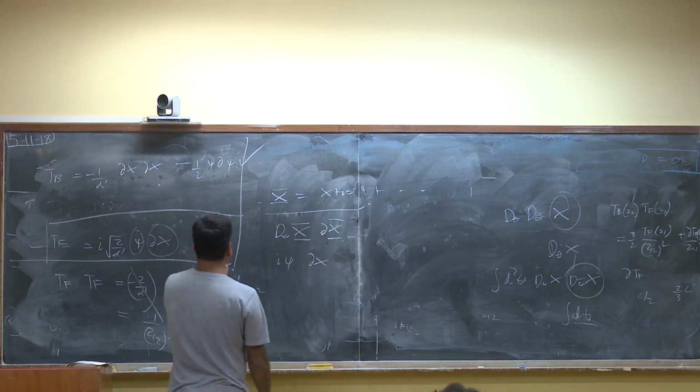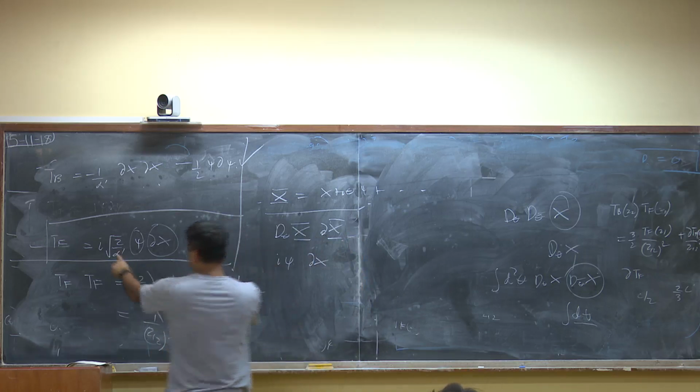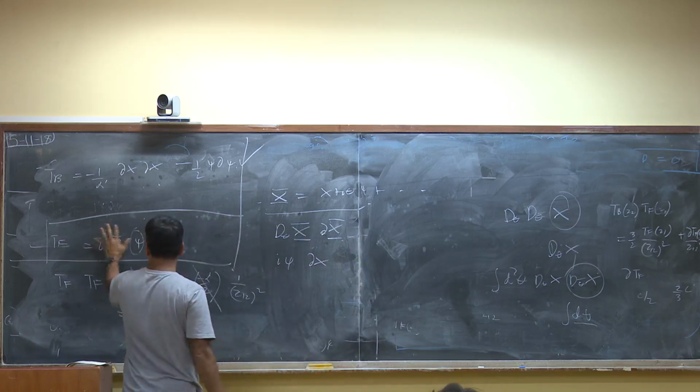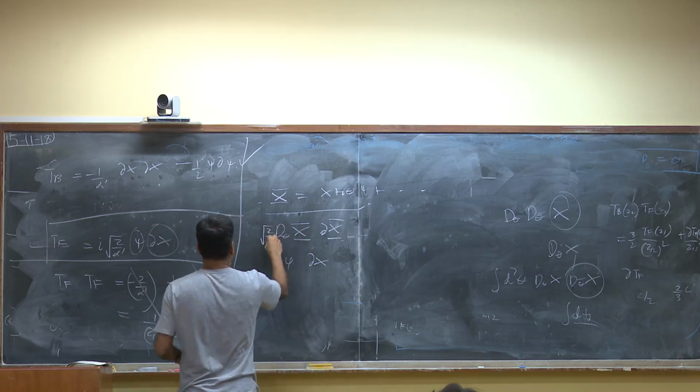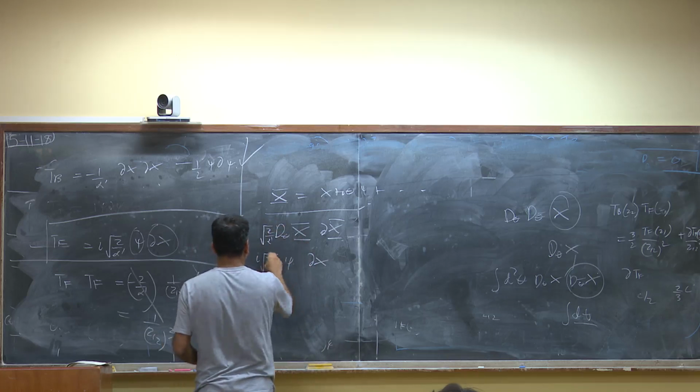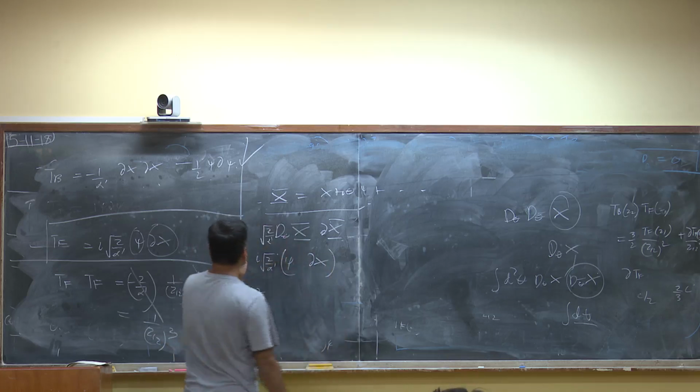Now what I want to do is check also the theta term. So we got this, and we'll worry about this later. Suppose we just take this and multiply by square root 2 over alpha prime. We get this. Now let's look at the theta term.